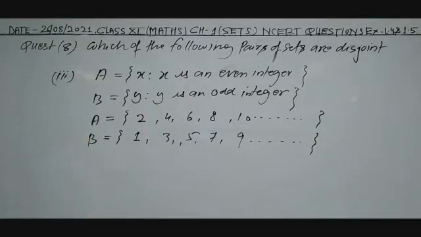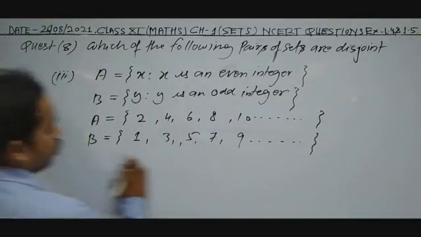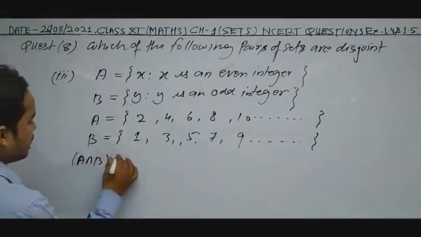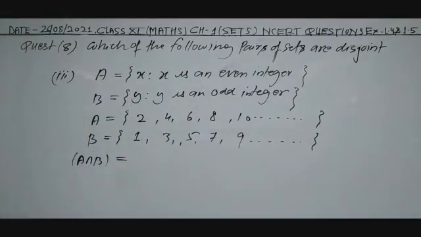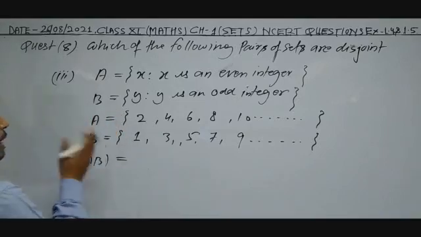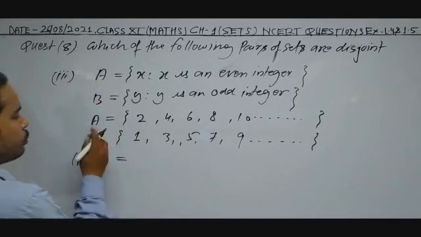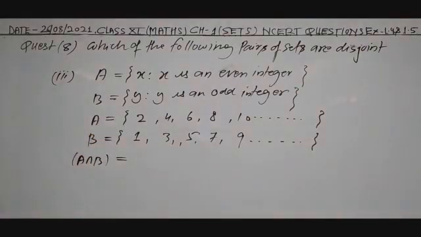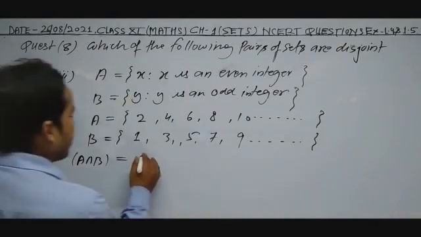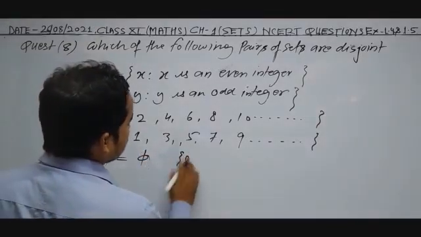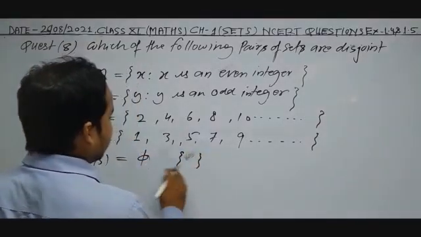So you have to take the intersection. When you take the intersection of A and B, the result is the set of all those elements which belong to both A and B. There is no common element which belongs to both A and B. So its result we can write as phi or blank brackets.